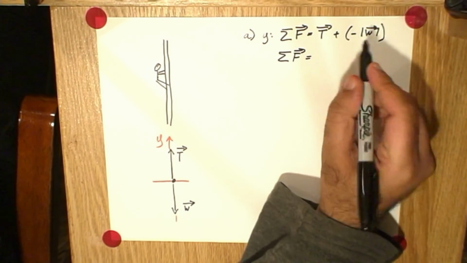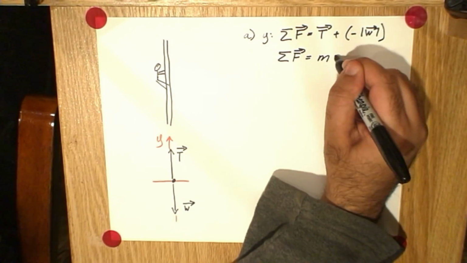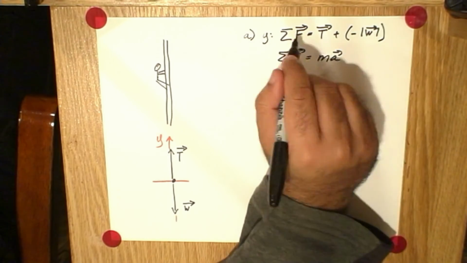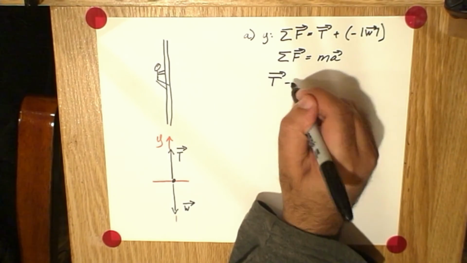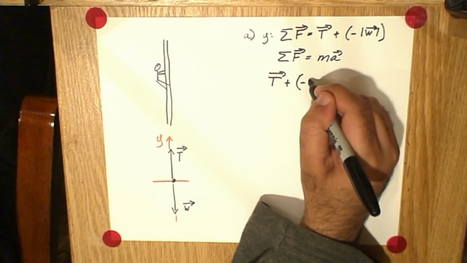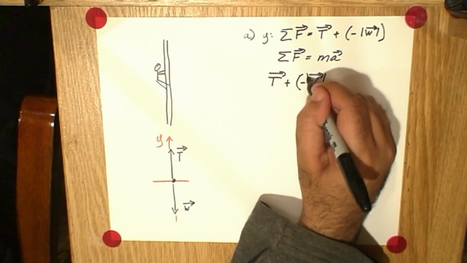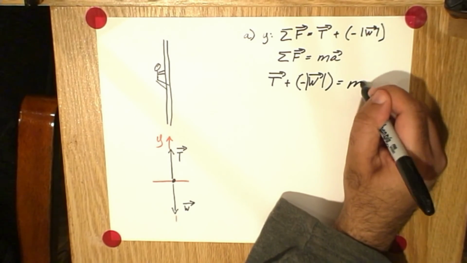Total force is, according to Newton's second law, equal to mass times acceleration. So we can combine these to say that tension plus negative weight is equal to mass times acceleration.